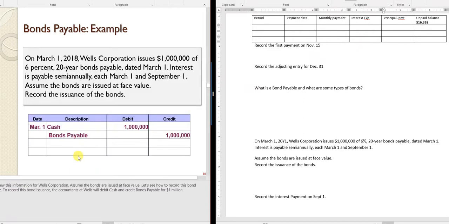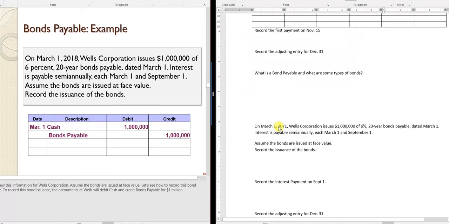Okay, so the first thing I'm going to do is issue it at face. Issuing at face is the easiest by far. So they issue $1 million of 6% 20-year bonds. So sometimes the first thing I do is write up here interest equals. And so I take $1 million times 6% and I put equal.